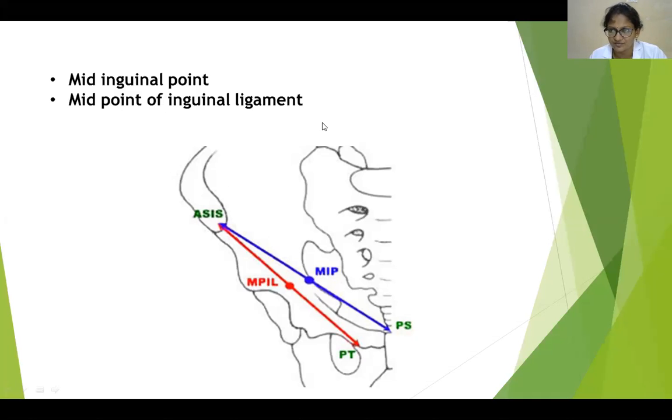You should not be confused here. The midpoint of the inguinal ligament is related to the femoral artery. This is the site where we feel the femoral artery.